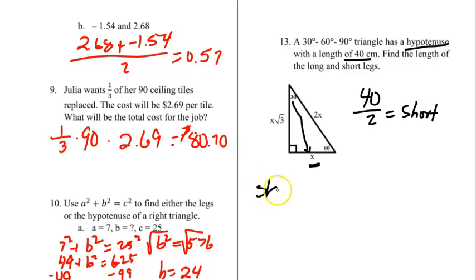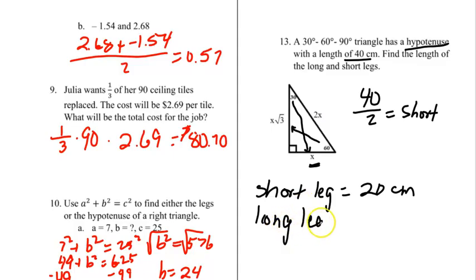So the short leg is going to be half of 40, which is 20 centimeters. And then the long leg is always opposite the 60-degree angle, and it's going to be your short leg times the square root of 3. So that means the long leg is going to be 20 square root of 3 centimeters.